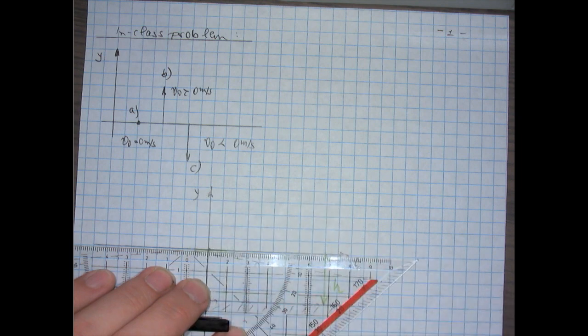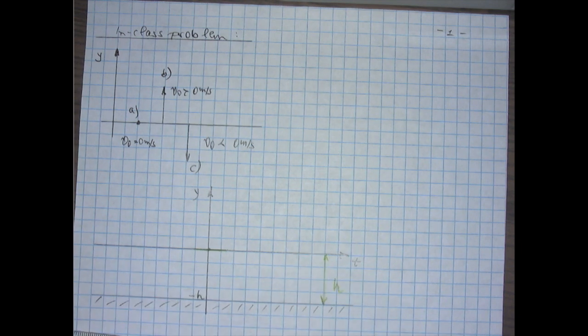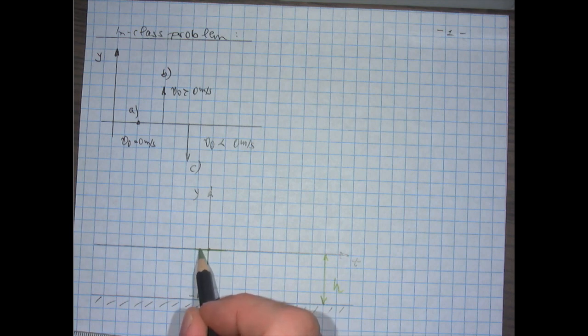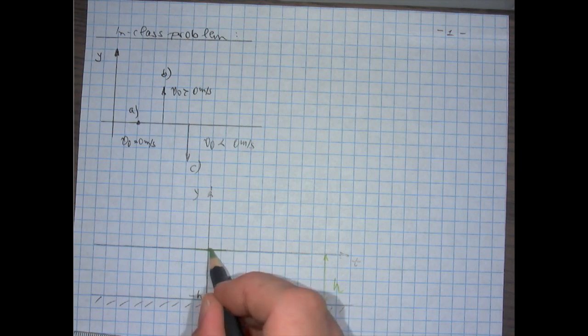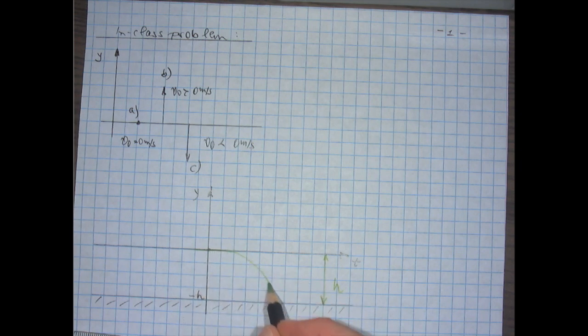In this case, the acceleration is negative because the acceleration is downward, y is taken to be upward. Therefore, it is a downward parabola. Starting from y equals 0, initial location. Initial velocity is 0, so therefore I have here a horizontal line. And the parabola has to be oriented downward. So therefore, I sketch this parabola like this here.